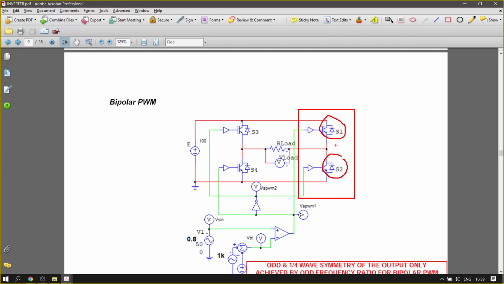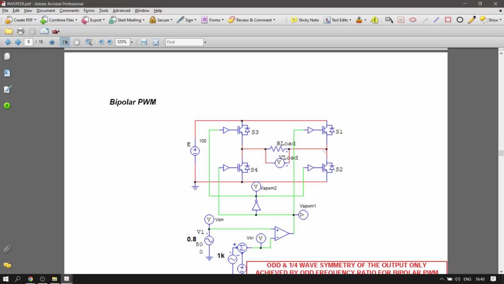So it actually has to avoid S1 and S2 being on together. It cannot turn on S1 and S2 simultaneously at the same time. Right? Because if you turn on S1 and S2 at the same time, this will be a short circuit, isn't it?